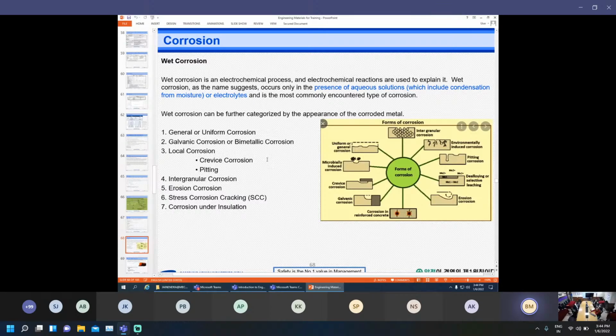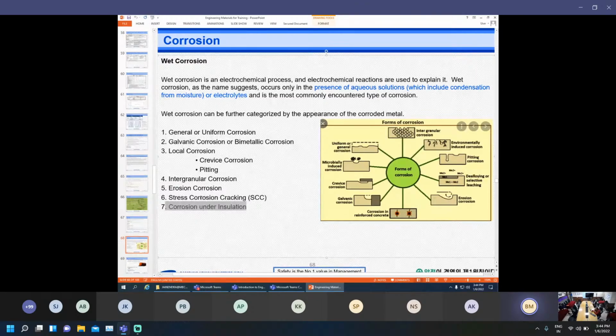So these are different forms of corrosion. It is categorized as general and uniform corrosion or galvanic corrosion. Second one, local corrosion, means crevice or pitting. Intergranular corrosion is different. Erosion corrosion is different. Stress corrosion cracking is different, and corrosion under insulation is different. This is also very important. Suppose you are doing insulation on any of the material.